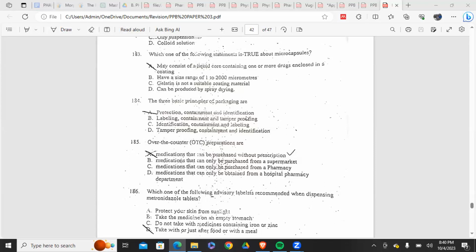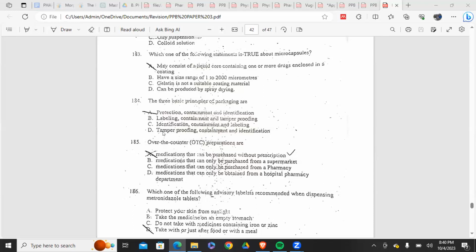The 3 basic principles of packaging are protection, containment, and identification. Labeling, containment, and tamper-proofing. Identification, containment, and labeling.